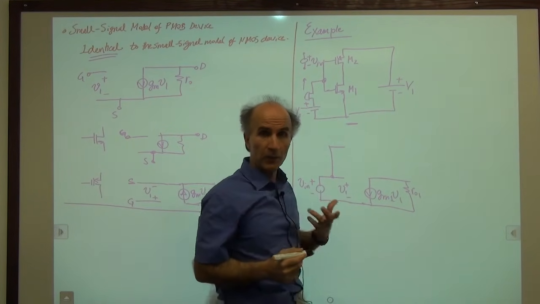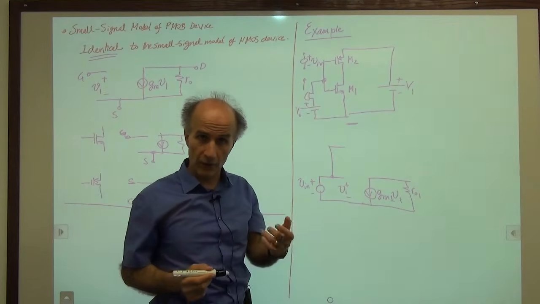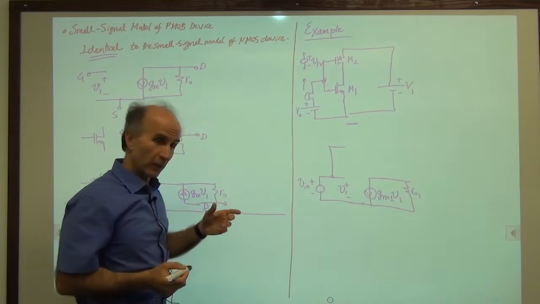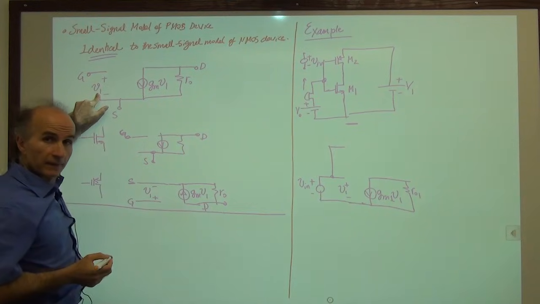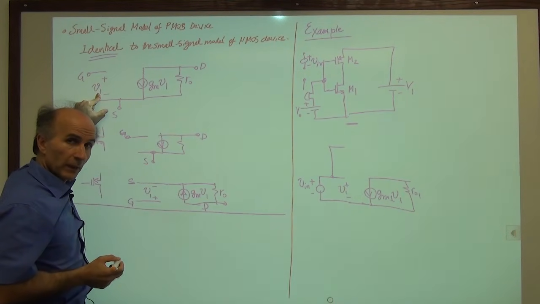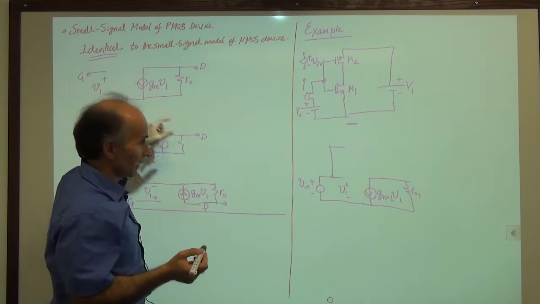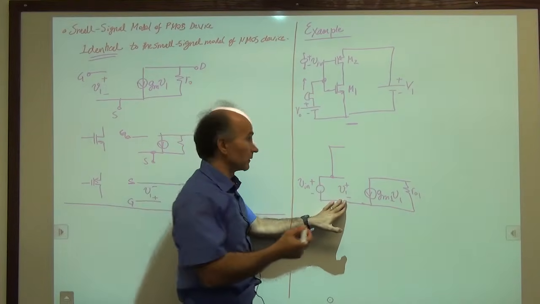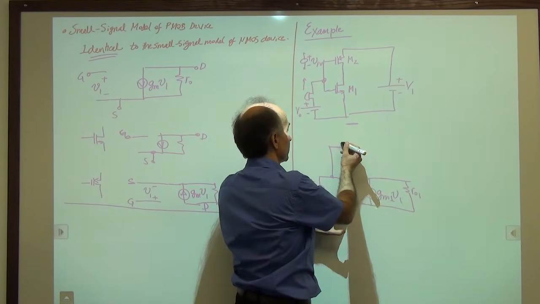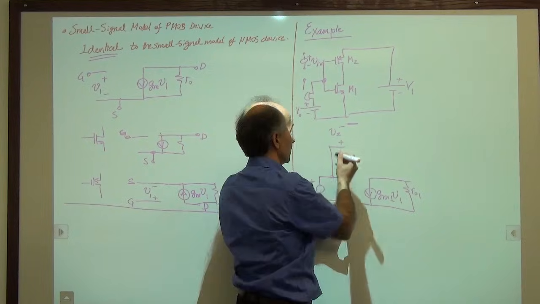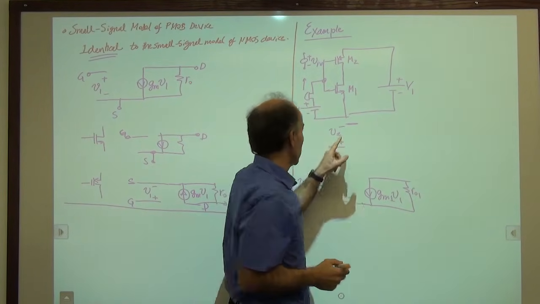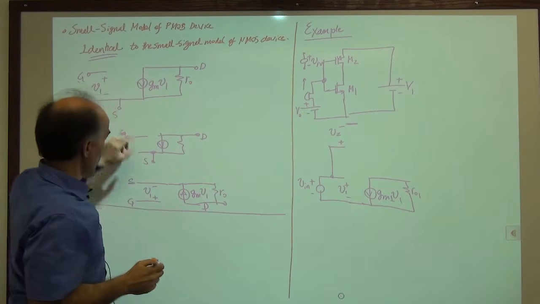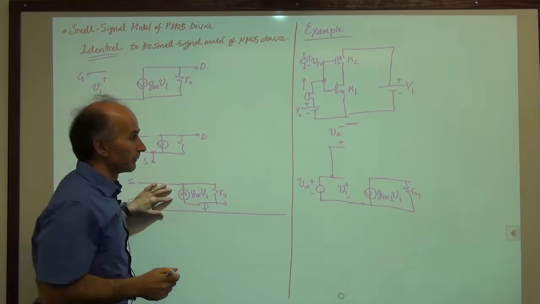And we have a voltage between the gate and source, a small signal voltage, an increment, which we denote by some sort of a lowercase letter. But we don't want to call it V1 because V1 belongs to this guy. So we'll call it V2. So V2, positive here, negative here. This is just drawn upside down.